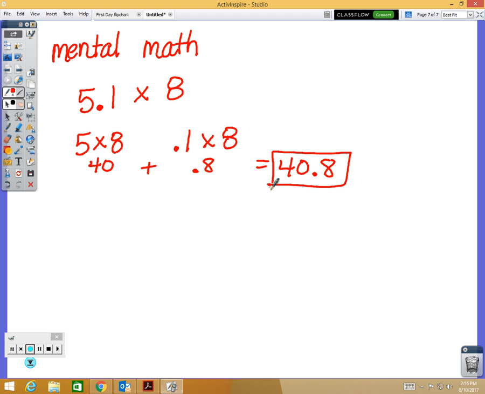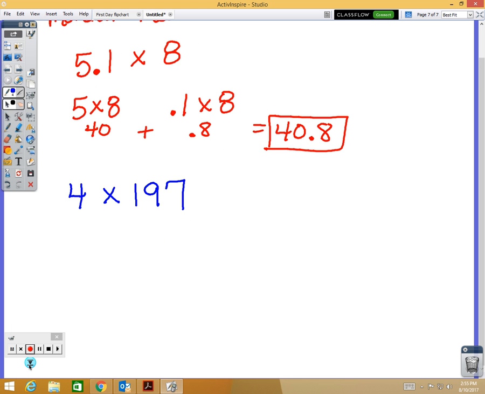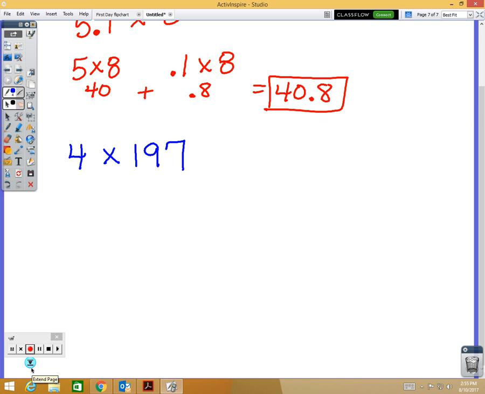What if you had 4 times 197? So again, we're breaking the 197 into place values. So 4 times 100 is, 4 times 90 is, 4 times 7 is, sorry.